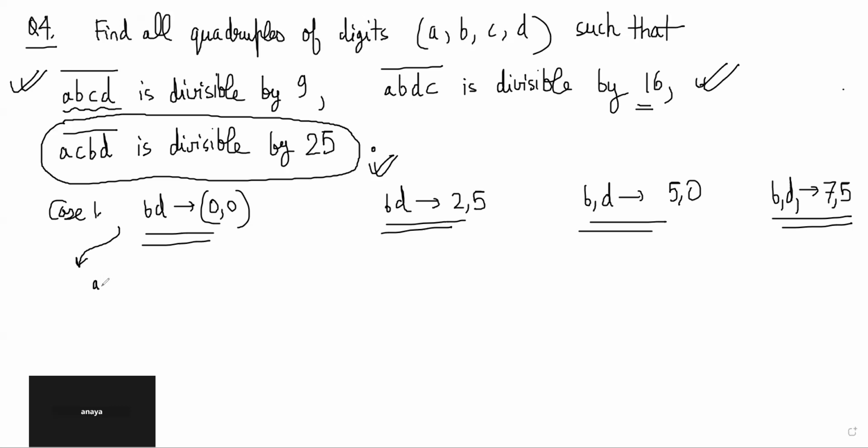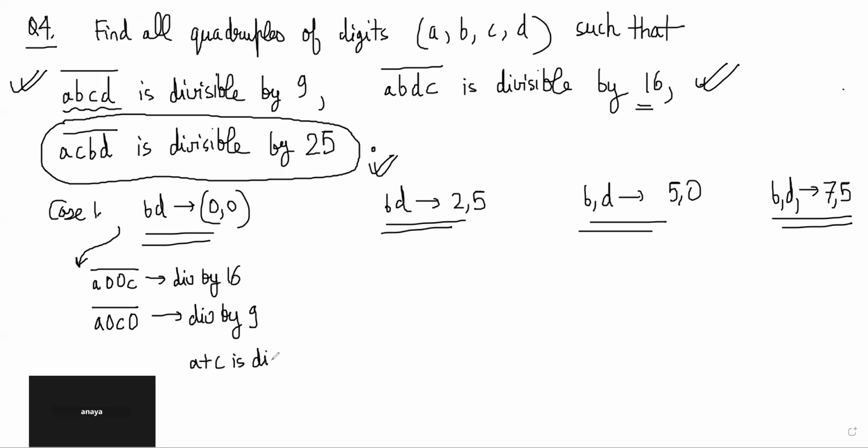You'll get the number A00C has to be divisible by 16, and A0C0 has to be divisible by 9. Great. So then we know that A plus C has to be divisible by 9, and we have to make sure that this 4-digit number is divisible by 16, right?